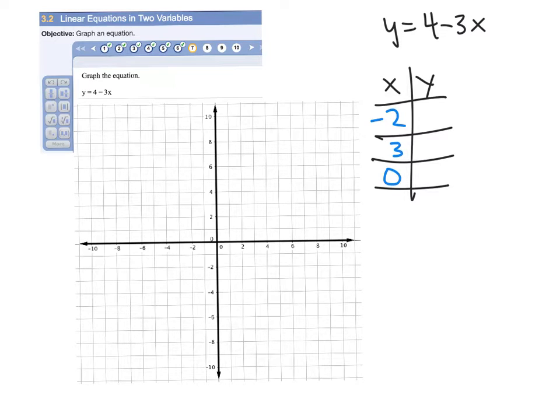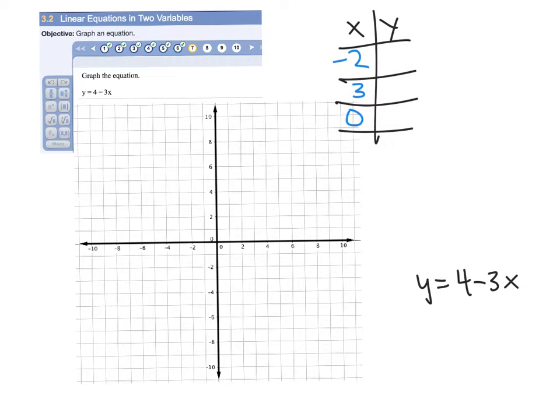So notice I'm using small numbers. I generally choose a negative, I generally choose a 0, and I generally choose a positive, just to make sure that what I'm doing is making sense. It gives me plenty of chances to make sure that I'm doing all my calculations correctly.